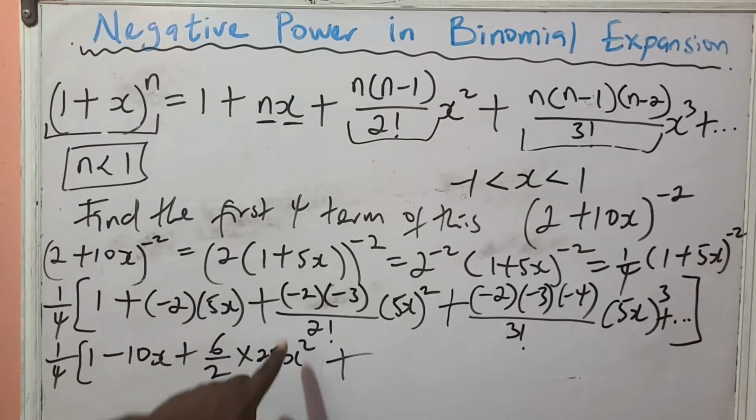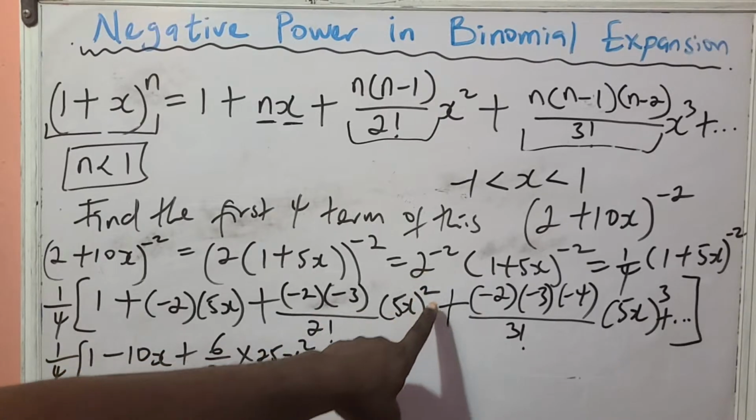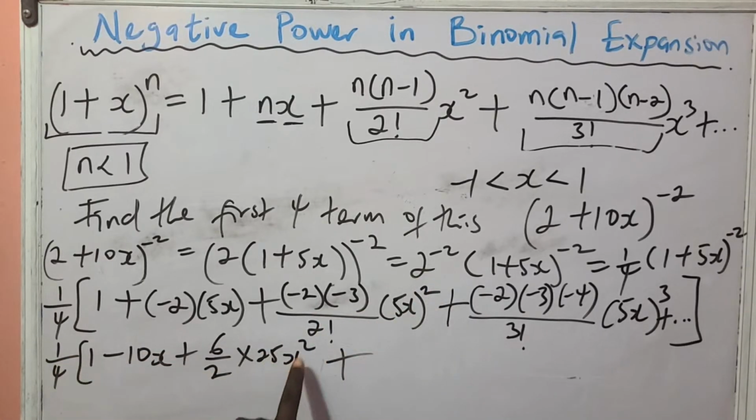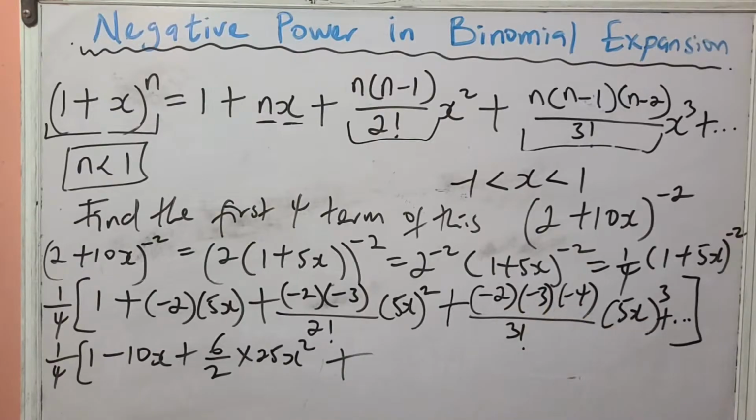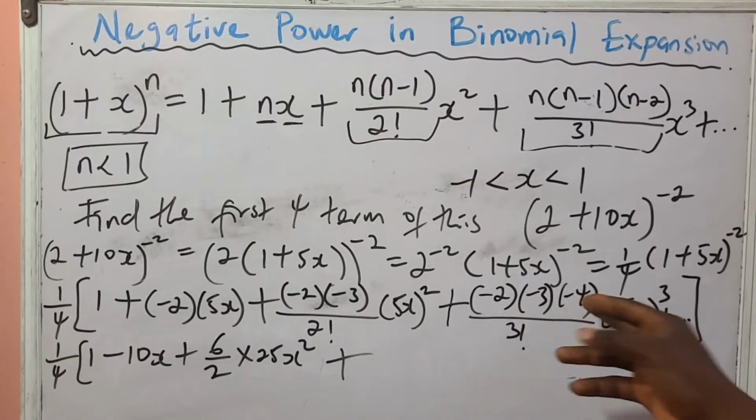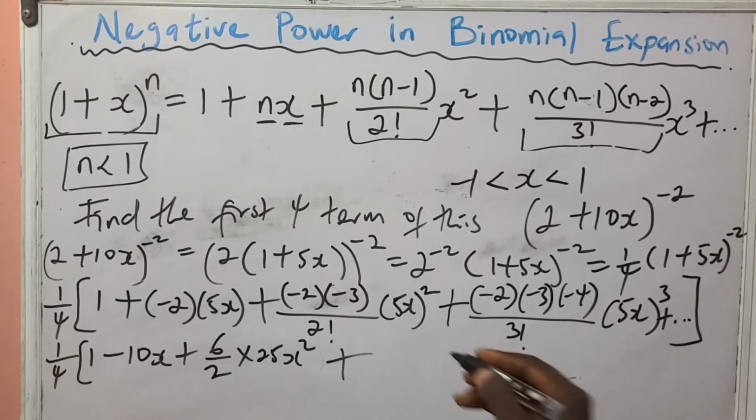I'm sure you'll follow what happened here. Minus 2 times minus 3 is 6. Then 2 factorial is 2. Then 5 raised to the power 2 x squared, that will be 25x squared. All right. Good. Now, what about this last one? Minus 2 minus 3 times minus 3, that's 6. 6 times minus 4, that's minus 24.